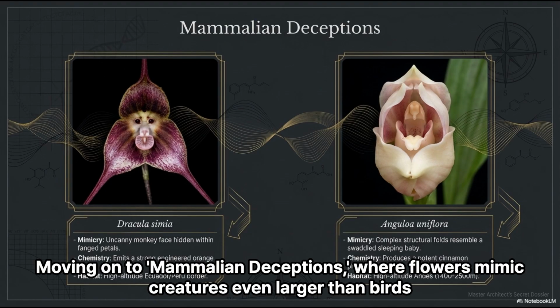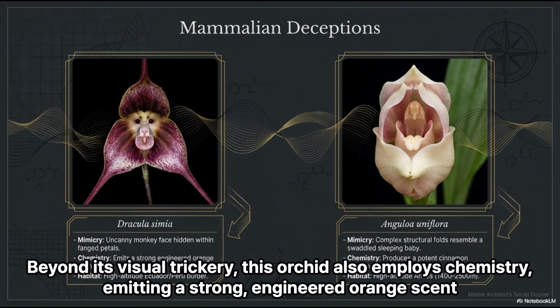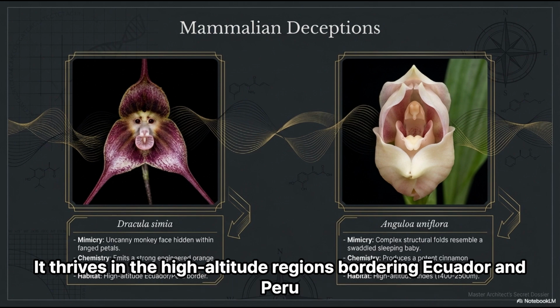Moving on to mammalian deceptions, where flowers mimic creatures even larger than birds. First, we have Dracula simia, whose name perfectly describes its mimicry, an uncanny monkey face hidden within its fanged petals. Beyond its visual trickery, this orchid also employs chemistry, emitting a strong, engineered orange scent. It thrives in the high-altitude regions bordering Ecuador and Peru.